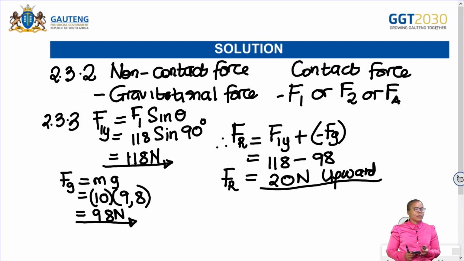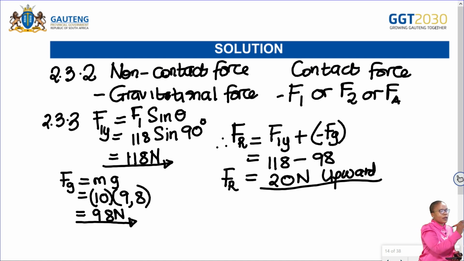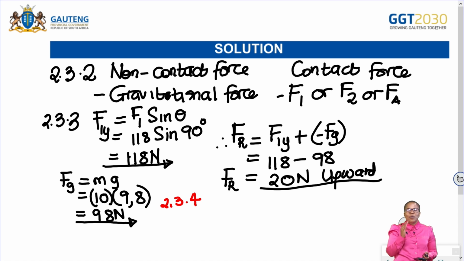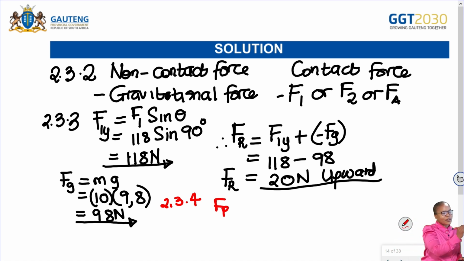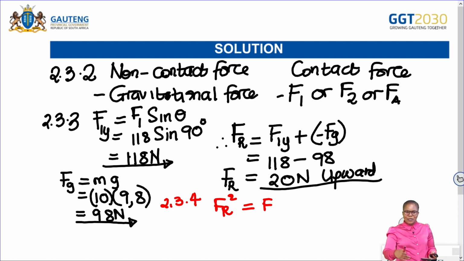Okay, let's try and find some space in here, which is your 2.3. Let me just write using another pen, 2.3.4. Okay, so now the upward movement or the vertical direction, we already have it as 20. So we can use it by using the Pythagoras theorem, meaning your FR squared is equals to your, I'm going to call it Fx, because we have an x and a y now.